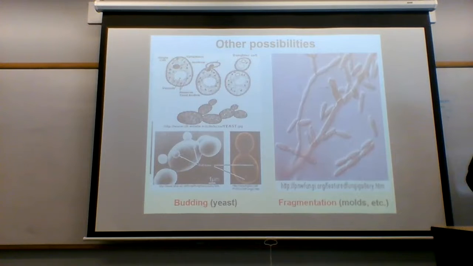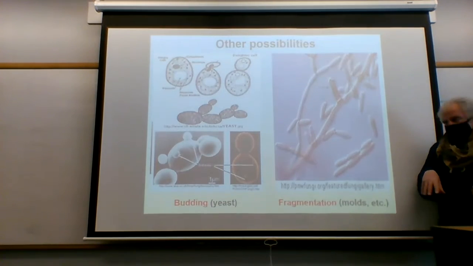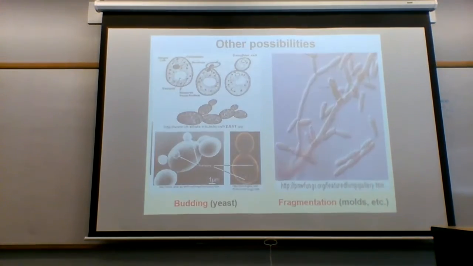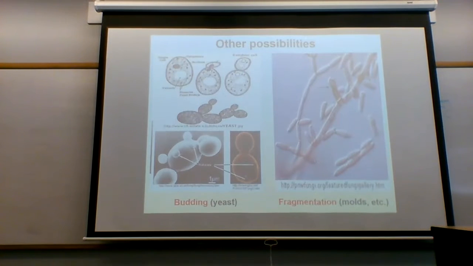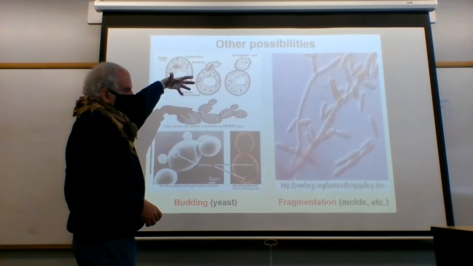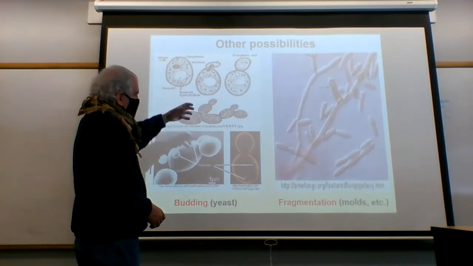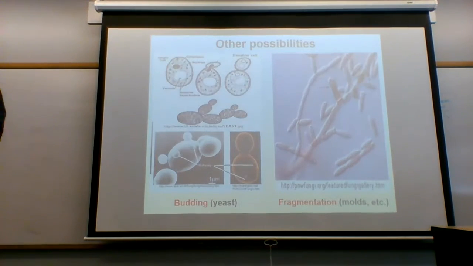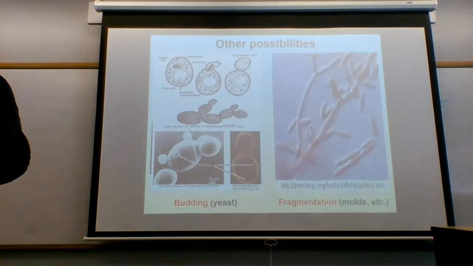Now, this kind of binary fission isn't the only way. We have a couple other microorganisms that operate in a slightly different way, and it's actually a useful way to compare them. Yeast undergo what is known as budding, where the next cell has the nucleus. It has the genetic material, but it's not the same size. So you don't have mom splitting into two like you do in binary fission.